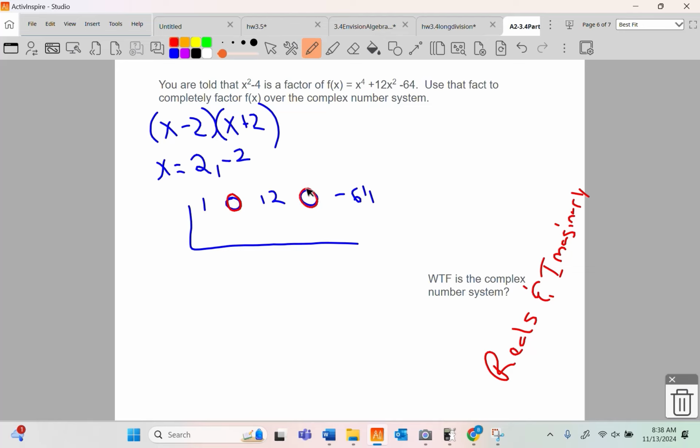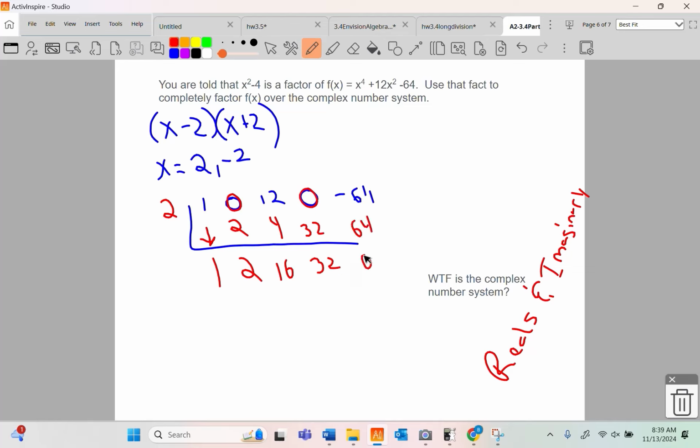No. Did it have any x's? Gotta have placeholders. Which one you want to do first? 2 or -2? Drop. Multiply. You add. Multiply. And you add. You multiply. And you add. You multiply.